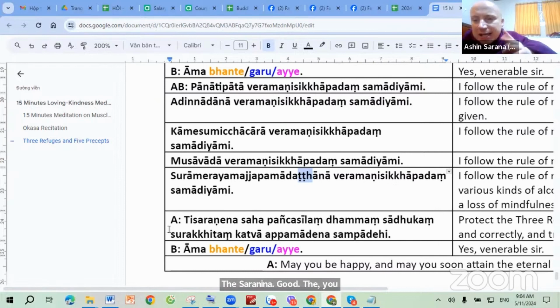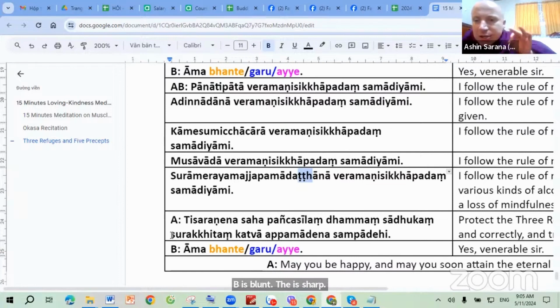We do not have the sharp d in this text. We have only the blunt d. So you say, for example, here you say Pamadatthana. See that the d is blunt, the t is sharp.